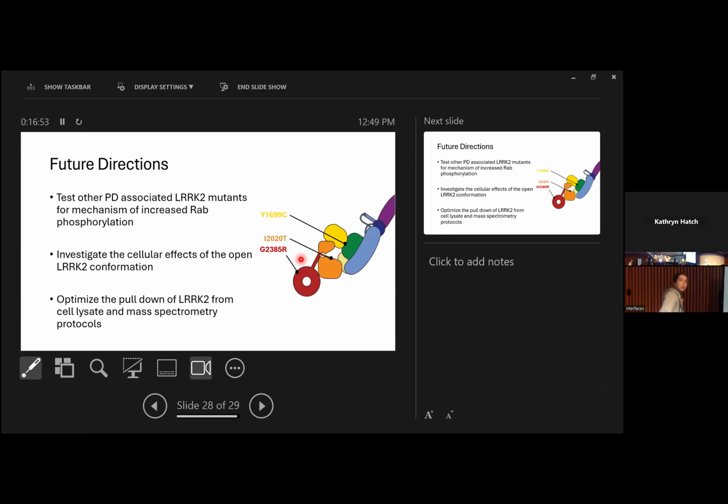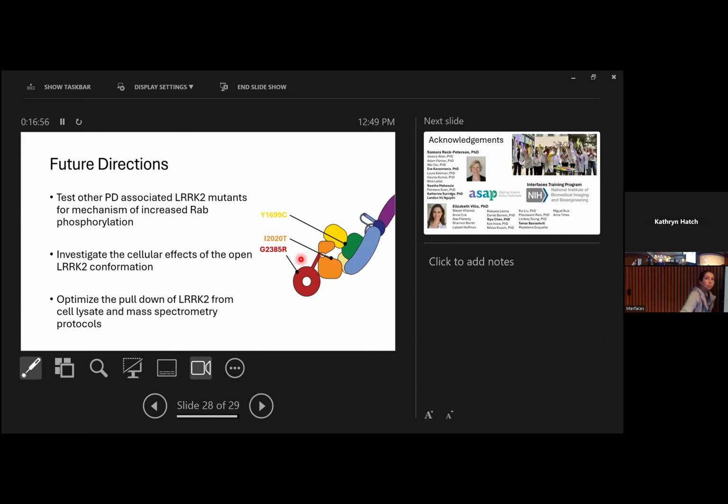The future directions are, of course, to continue optimizing pull downs and our mass spectrometry protocols so that we really can look at the differences in what proteins are interacting with LRRK2 in different conformations, as well as to test these other LRRK2 mutants.